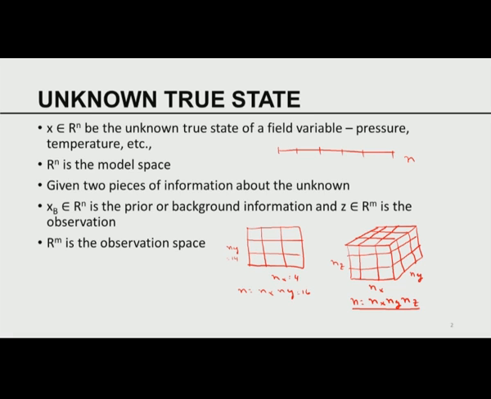So, you can see as you go from 1 dimension to 2 dimensions to 3 dimensions, the size explodes. Let me give you a quick example. Let us assume nx is equal to 100, ny is also equal to 100 and nz is equal to 50. So n is equal to 5 times 10 to the power of 5. That's 500,000.